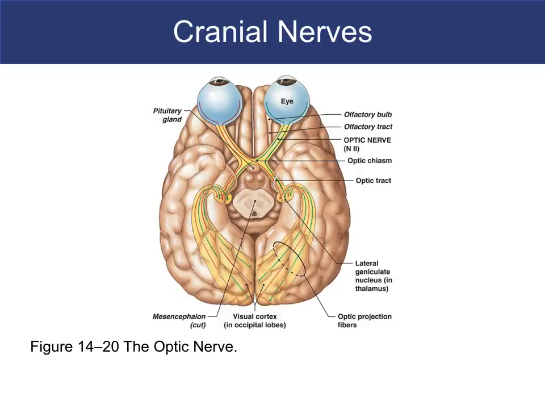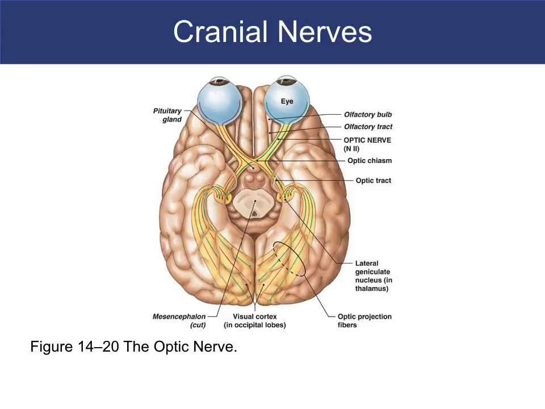Just trying not to get those 2 terms confused. They're really not very confusing, but anyway. So this nerve here on this side carries this information back this way. Okay? And this visual field here, this nerve carries things back this way.